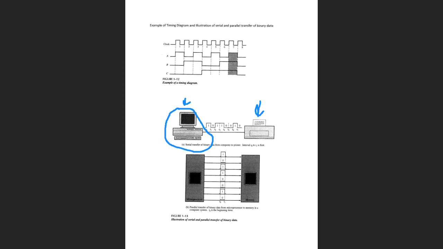So it was sending those ones and zeros over from the computer to the printer, but it does it bit by bit. So notice in this picture, there's one data line. There's just one line through which those bits can travel.